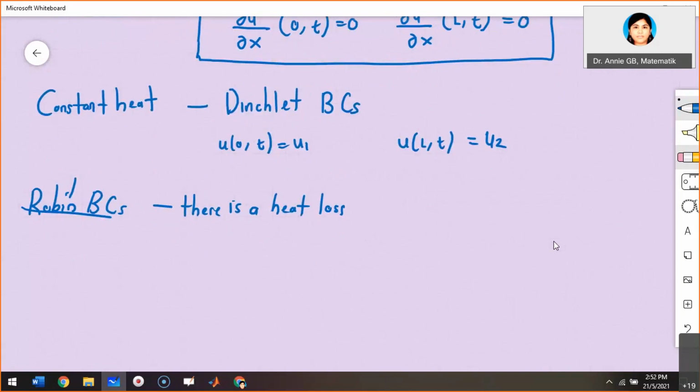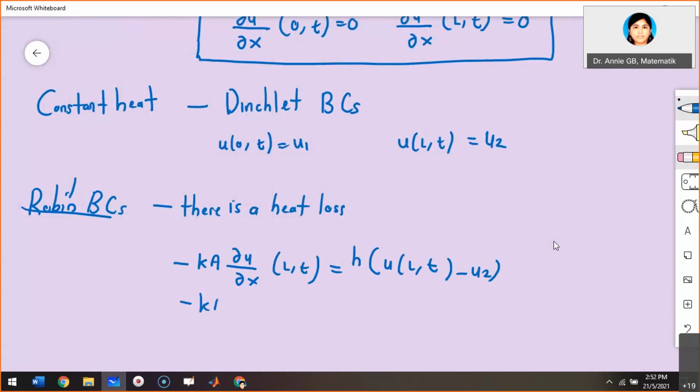That means equation dia kena ada negative, something like a constant here, partial U over partial X, (L,t) equals to some equation function. Okay, usually equation tu dia kena bagi. Tapi yang penting dia ada negative here.